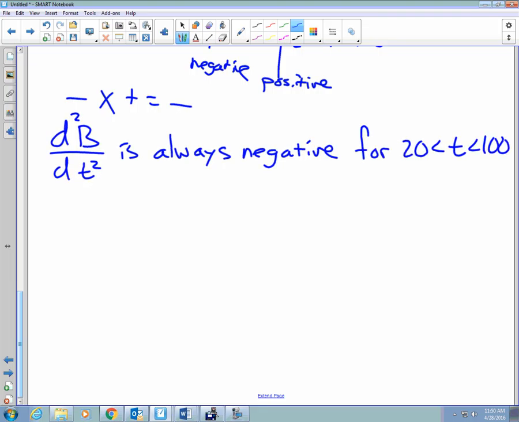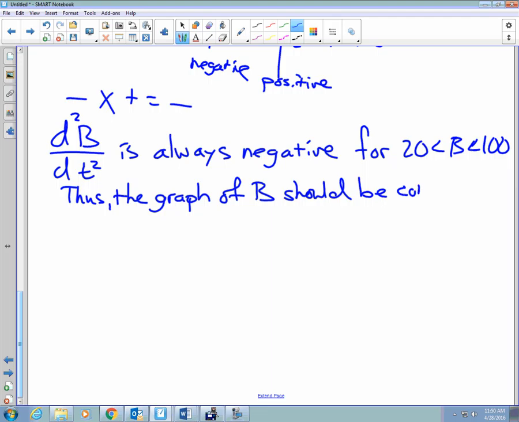Thus, the graph of B should be concave down.